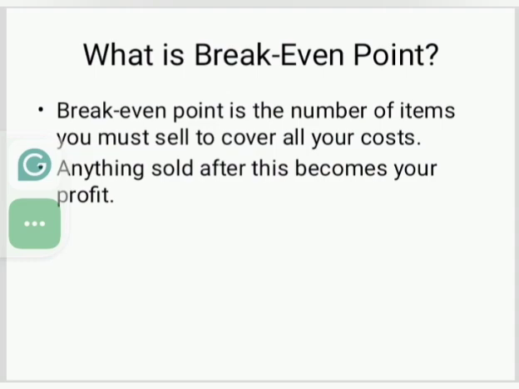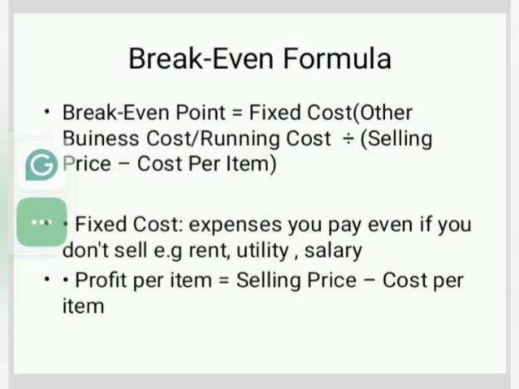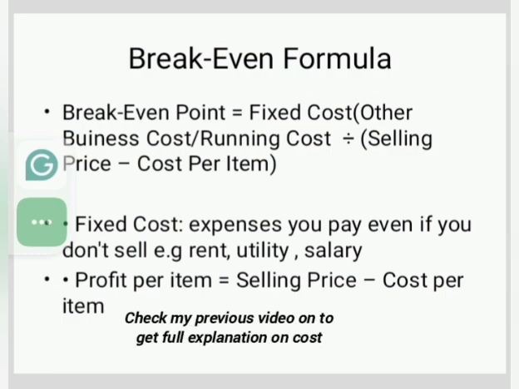Let's jump right in and give you the formula so that you can calculate it by yourself. Now, the formula is this. Your fixed cost, which is your total running cost. And like I said earlier on, if you don't know what total running cost is, please check my previous video when I talked about costs. I talked about it in detail, but let me just give you a brief recap.